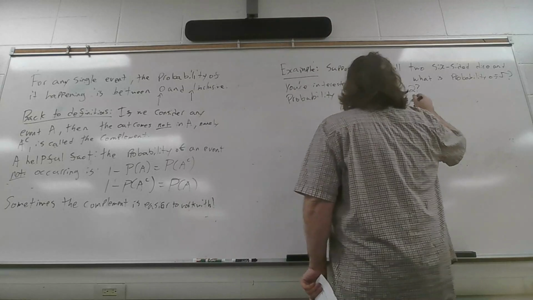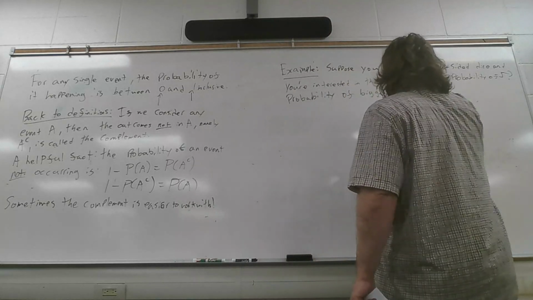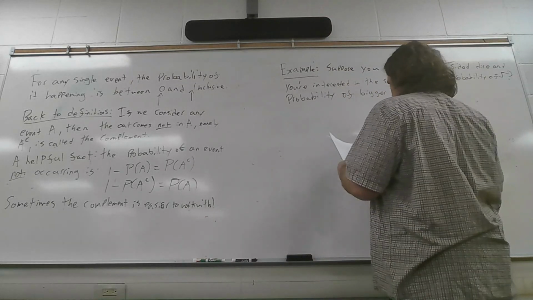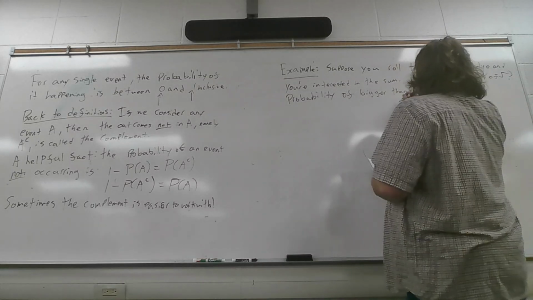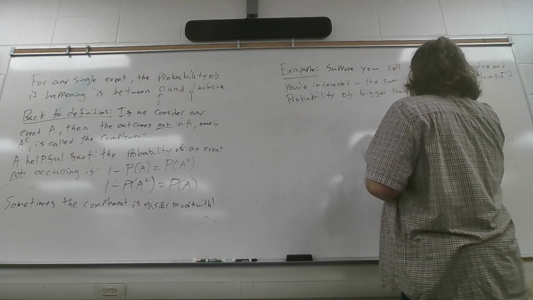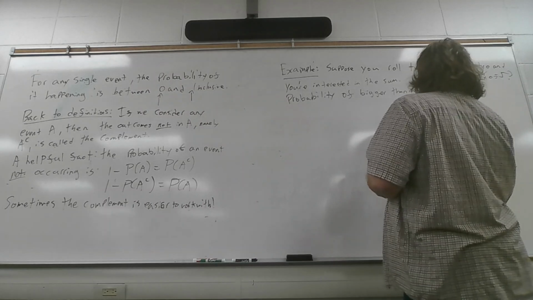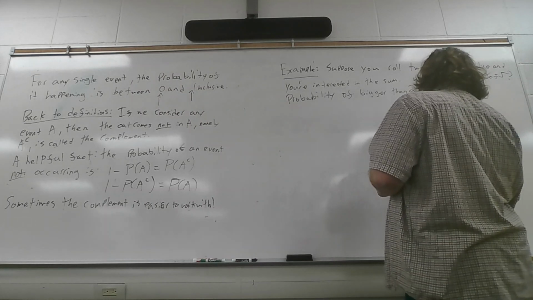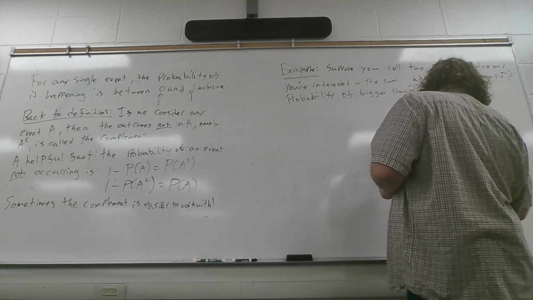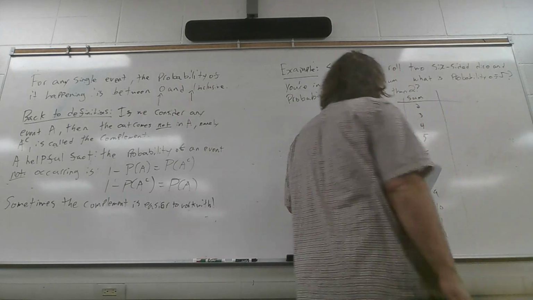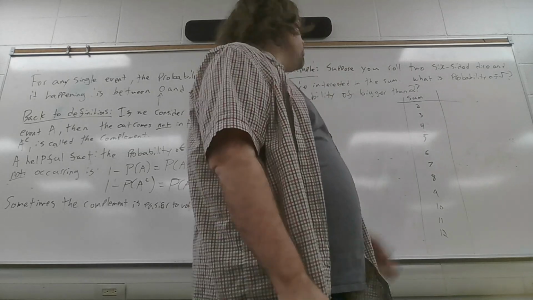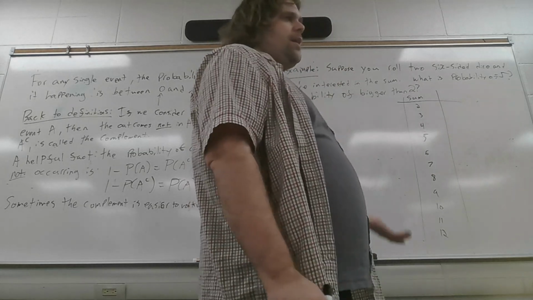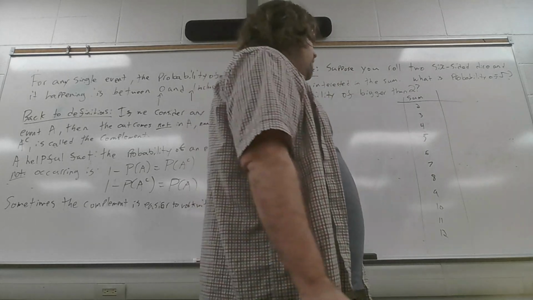So I'm going to build a table. I'm going to write down the sum that we got: 2, 3, 4, 5, 6, 7, 8, 9, 10, 11, and 12. So those are the sums that we could get out of a die. Makes sense. If you roll snake eyes, the lowest possible, you get 2. If you roll the highest possible, 2 6s, you get 12. So anything in between.